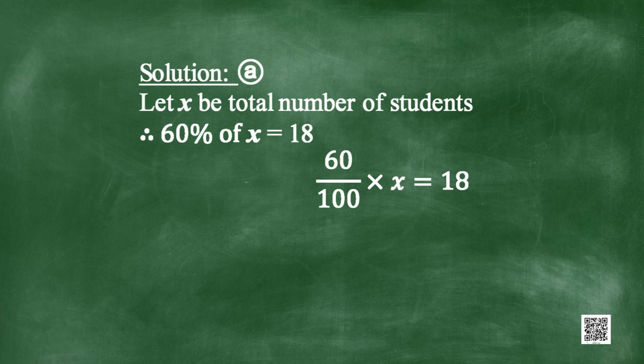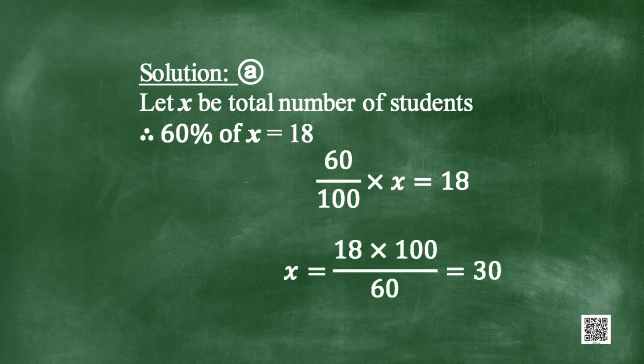So, 60% of x, that is 60 by 100 multiplied with x, is equal to the number of students, which is 18. Upon simplification we get x is equal to 18 multiplied with 100 whole divided by 60. Now we can simplify this and we get x is equal to 30.